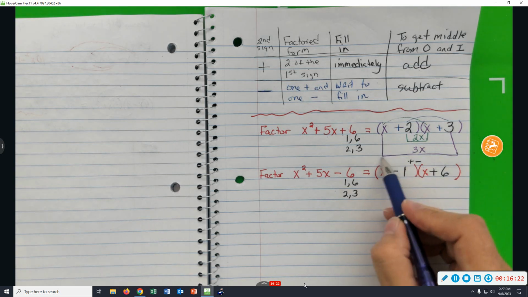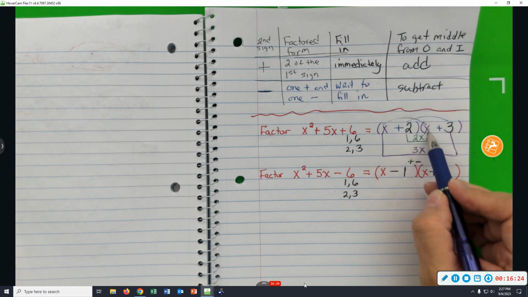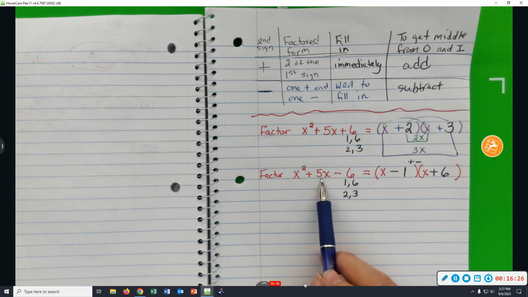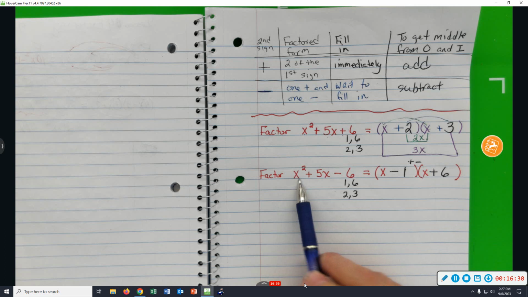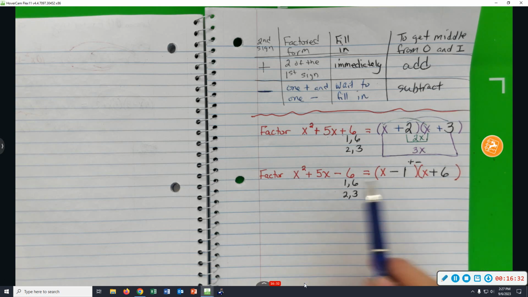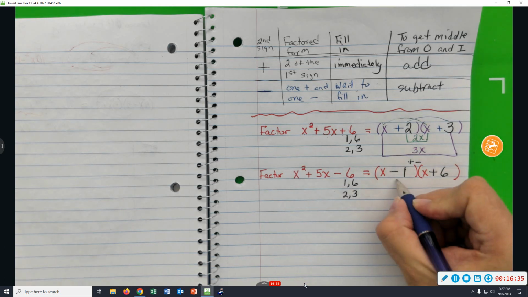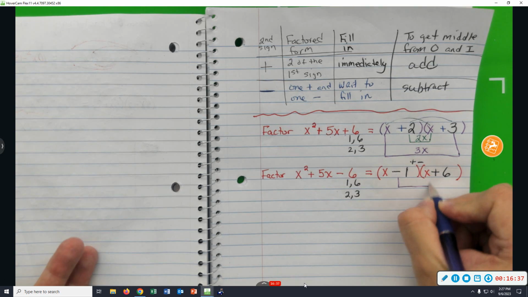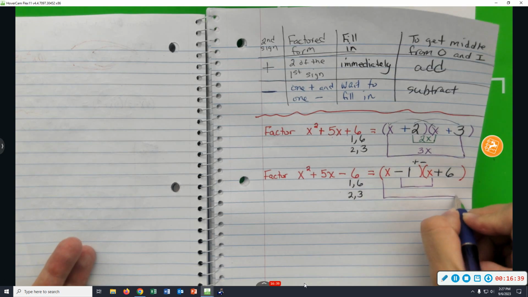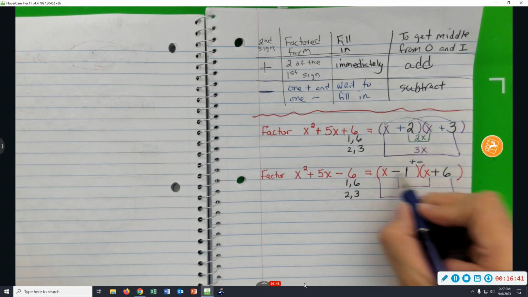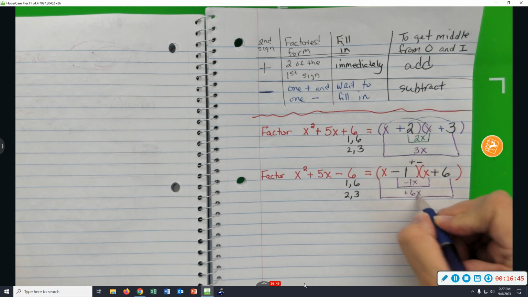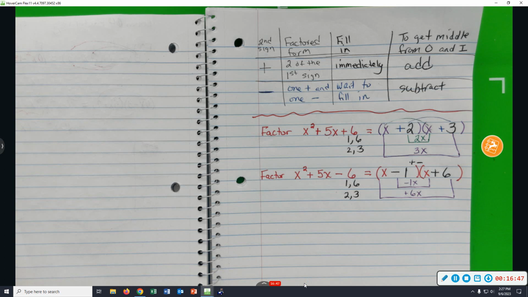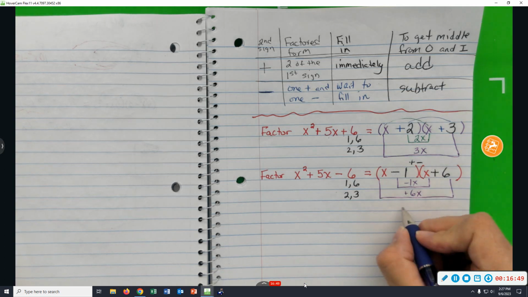I'm going to make these little marks here just to see. Is that going to give me a positive 5x? I know the first times first is x squared. I know negative 1 times 6 is negative 6. But if I look at these, am I getting a positive 5? I'd have a negative 1x and a plus 6x. Is that giving me a positive 5x? Yeah.